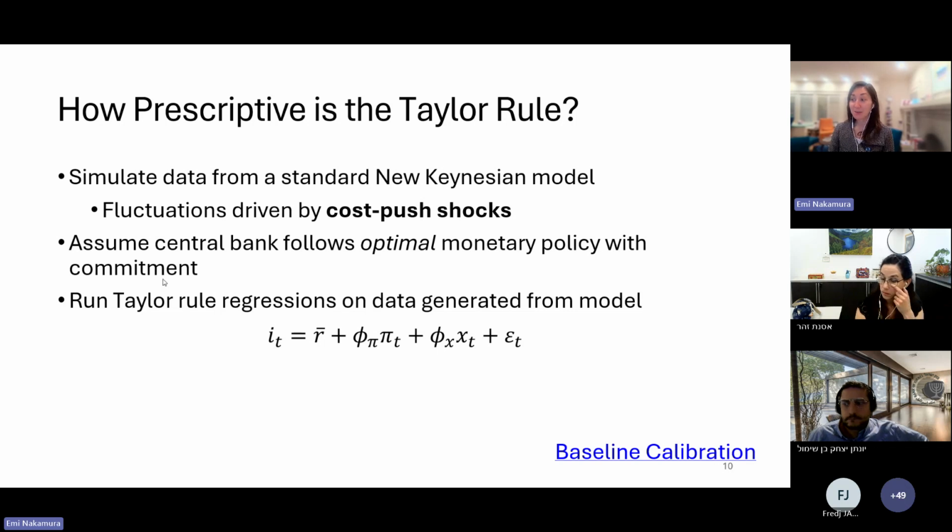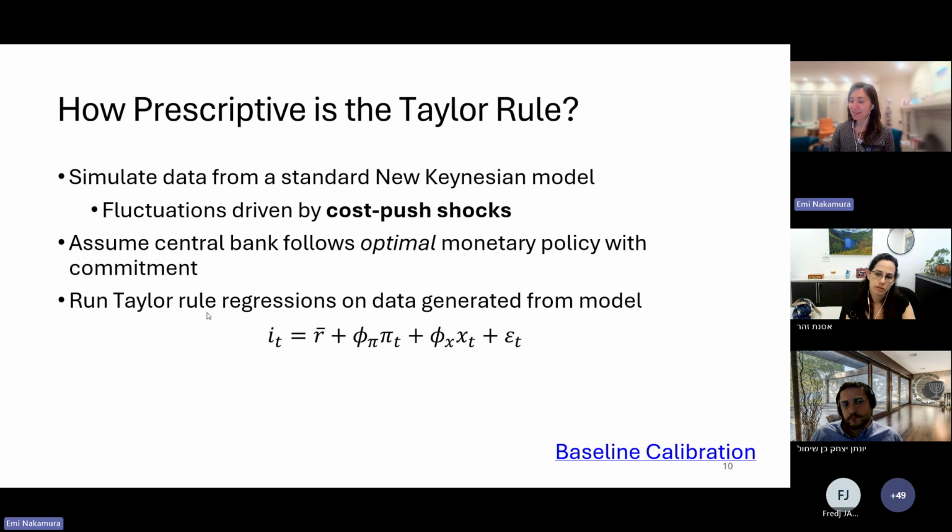So we're going to simulate this very standard model with cost push shocks, and then we're going to assume that the central bank follows optimal monetary policy with commitment. A lot of things are going on in the real world, but in our model, we actually know what optimal policy is. So suppose you are a researcher in this world, and you see the data coming out of the model.